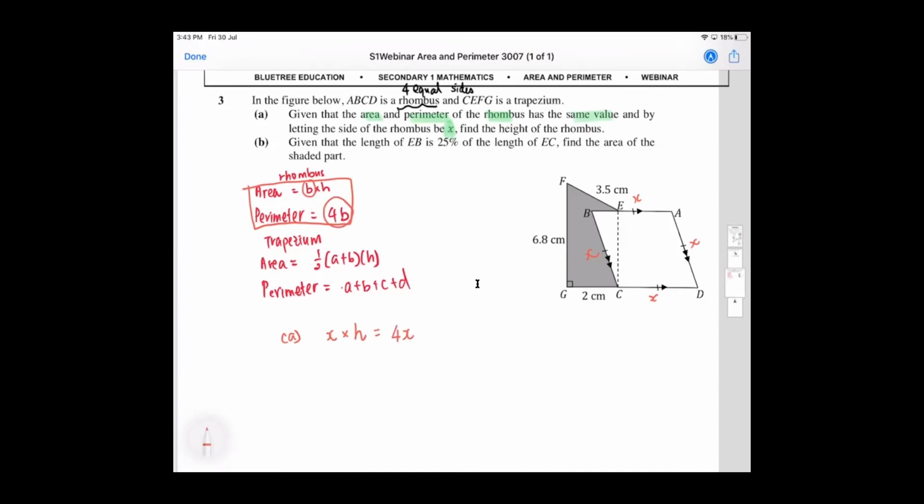All right, by solving this equation, you see x is the same on both sides, x on the left, x on the right. So by comparing, you can see that h, the height, is equal to 4. x times h is equal to 4 times x. So h, the height, must be equal to 4 cm.